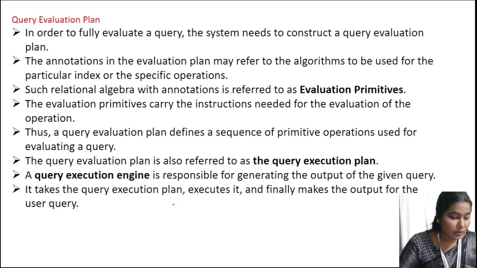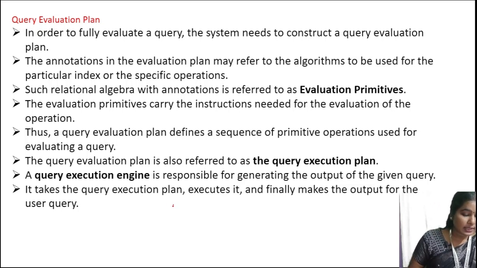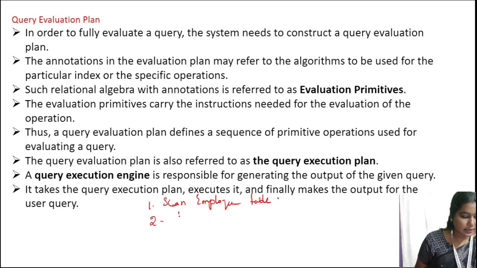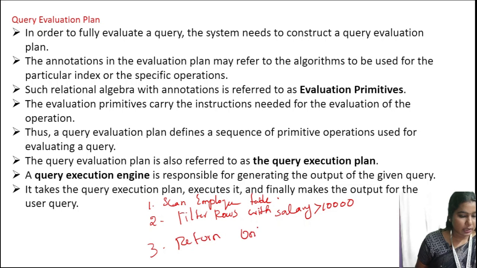The execution plan steps: the first step, scan the employee table; second, filter the rows with salary greater than 10,000; and third, return only the employee name column.